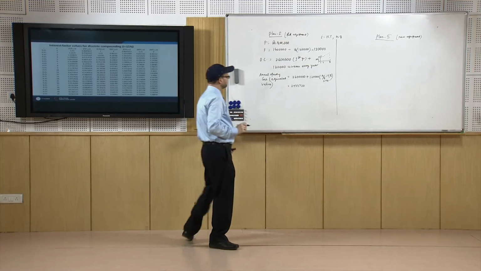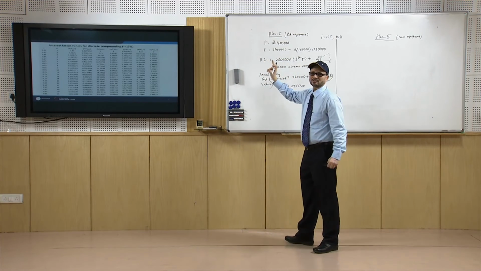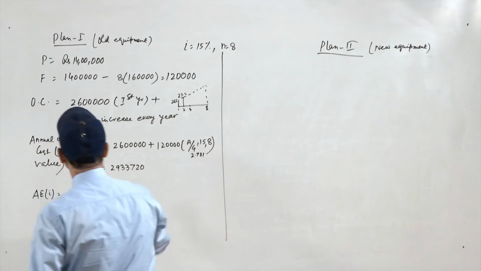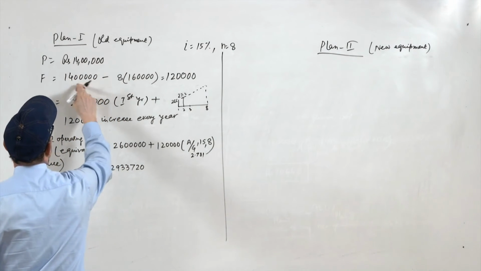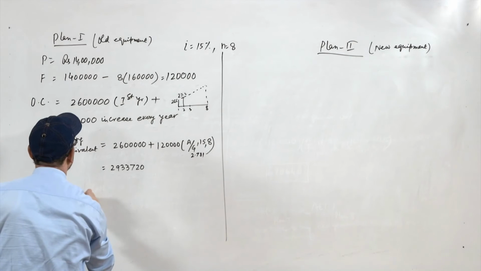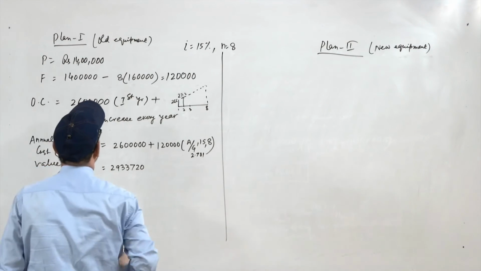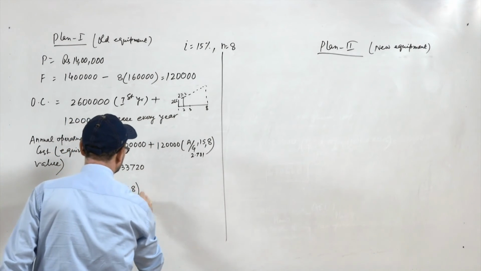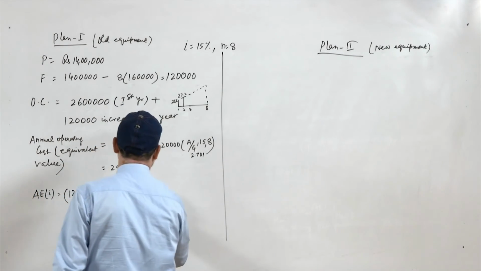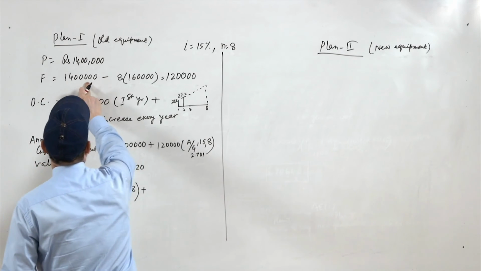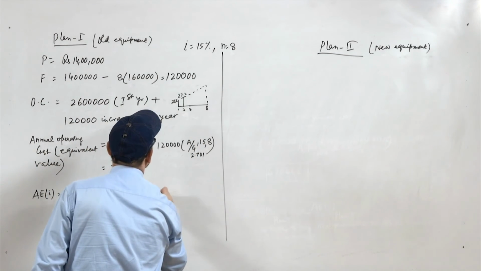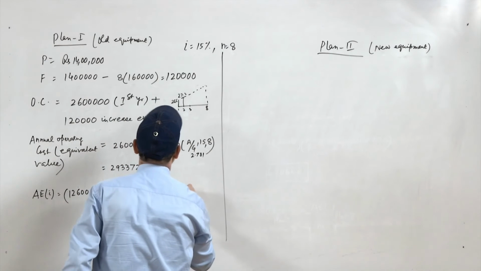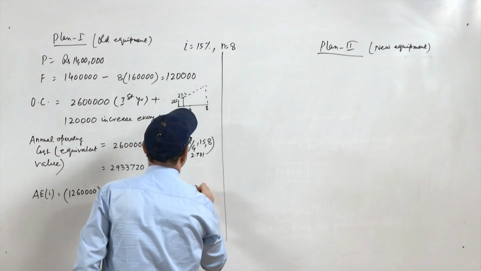Now, further if you try to find the annual equivalent cost, AEI, it will be P minus F. So, 14 lakh minus 140,000, that is 12 lakh 60,000, multiplied by A by P 15.8, plus F into i, 140,000 into 0.15, so that is 21,000, plus the annual operating cost, that is 29 lakh 33,720.